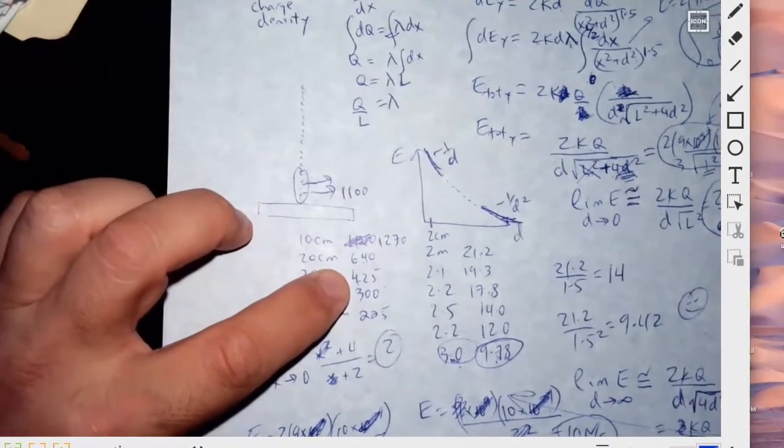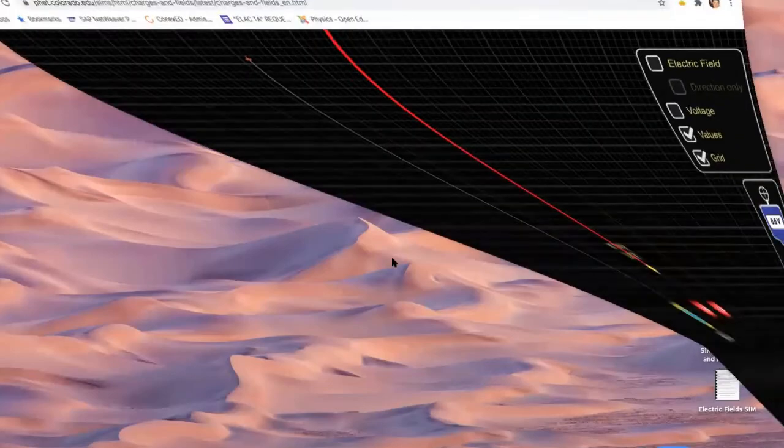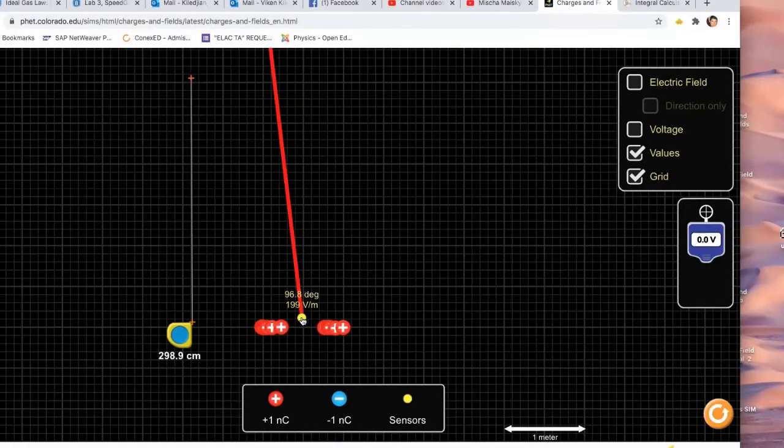But now when I go close, what happens? See, 10 centimeters, it's only 200. Then, well, actually, let's see here. Yeah, 200. Then it goes 260. Then it drops 250. Yeah, it's much weaker.